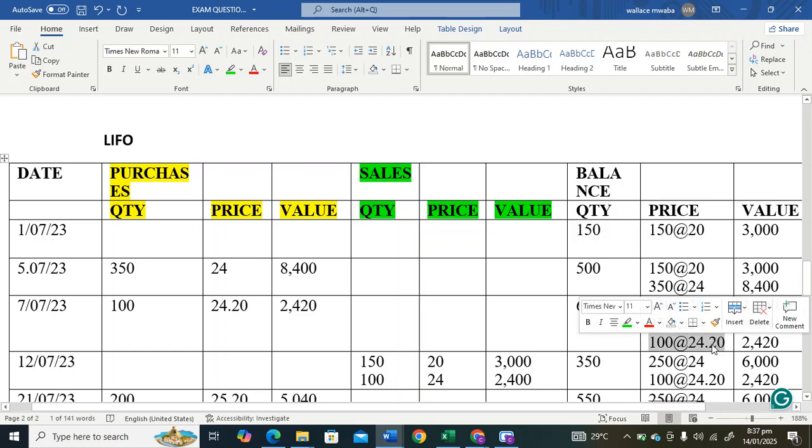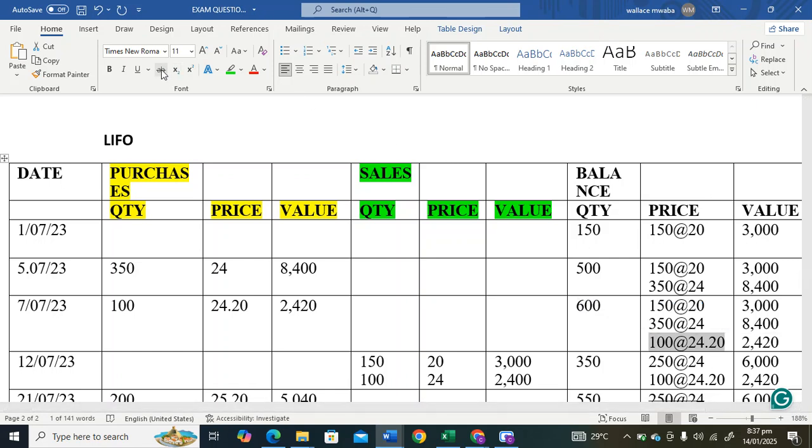These 100 goods at 24 kwacha 20 are going to be the first to go. So here you're going to put 100 at 24 kwacha 20. 100 times 24 kwacha 20, 2,420.